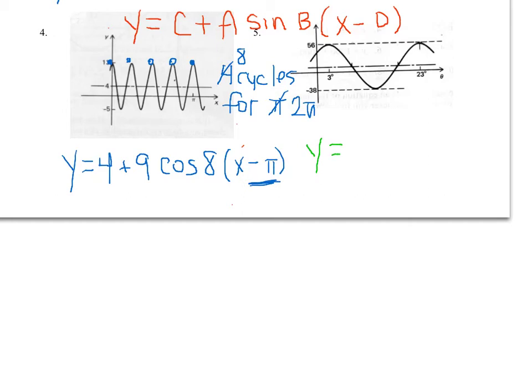Some people like to go ahead and figure out the distance between, because that will also help you with your amplitude. So if you add 56 to 38, you get 94. From here to here is 94. This is just some number work at this point. And then half that is going to be 47.